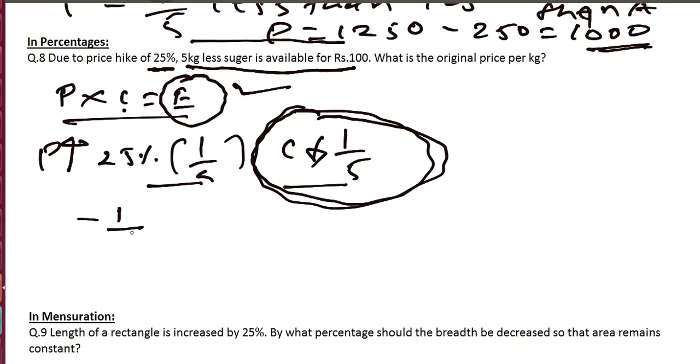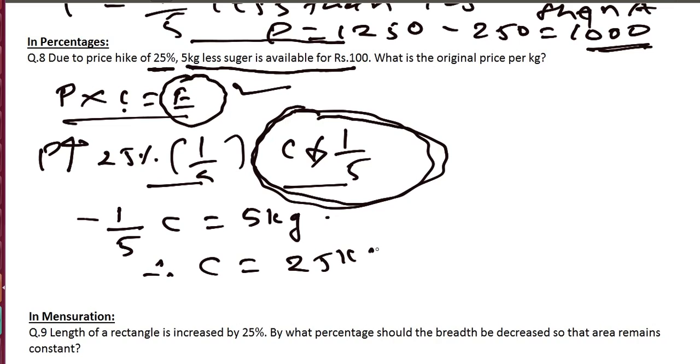So 1/5 of the original consumption is equal to 5 kg, right? Because we are getting 5 kg less sugar for the same expenditure. So therefore, the original consumption must be 25 kg.